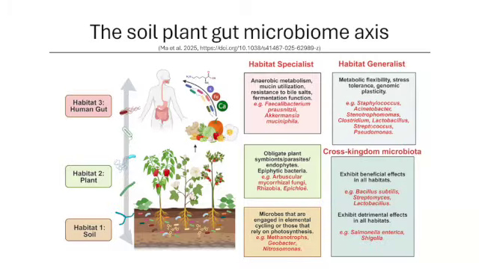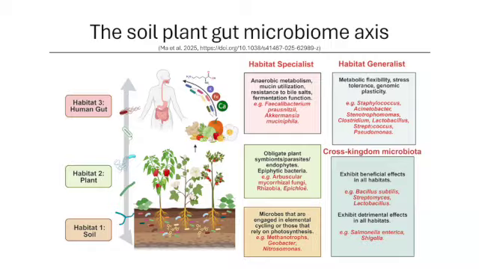But there's what Ma et al. called the soil plant gut microbiome axis, and that's a paper. I think it's open access if anybody's interested in reading about this further, where they talk about the relationships between these different microbiomes, and some microbes seem to be able to pass between these different environments.